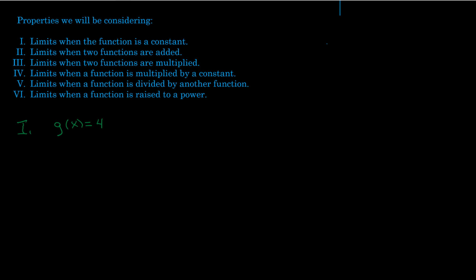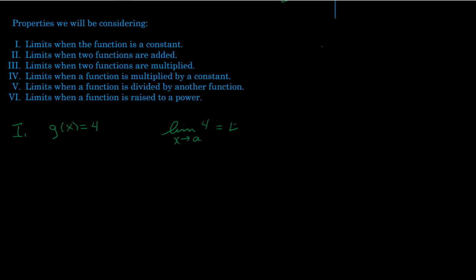Okay, so if we evaluate the limit as x approaches some number, and I'll just call this some number a, of the function 4, it doesn't matter what the value is that I'm going to wind up plugging in for x. Notice in the function there's no place to plug that value in. We're always going to get back the value 4.